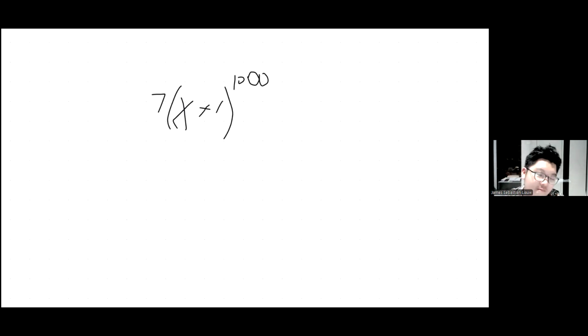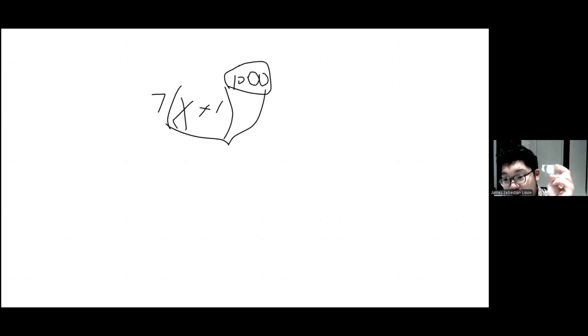Number one, expanding this manually would be super error prone. Number two, it would take you literally forever to do this.